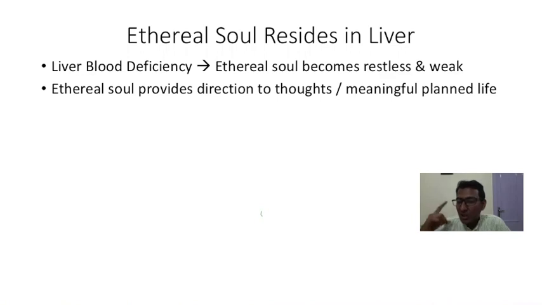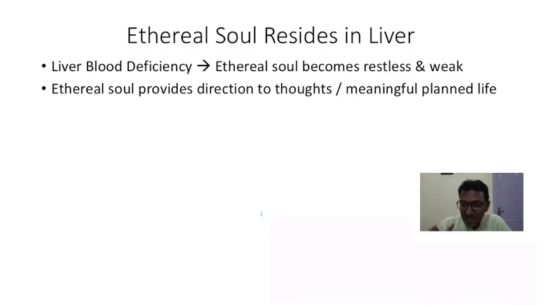Then the thought moves randomly, and proper planning cannot be done. The person is not able to lead a meaningful planned life, because the ethereal soul is getting disturbed, because there is not enough blood in the liver.